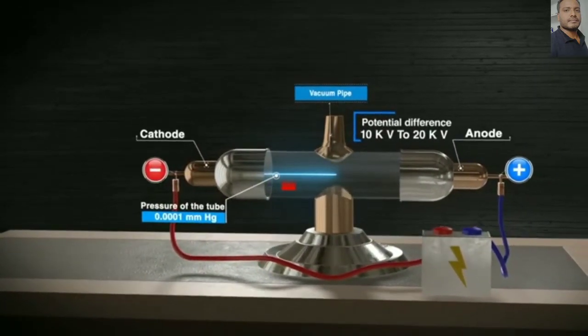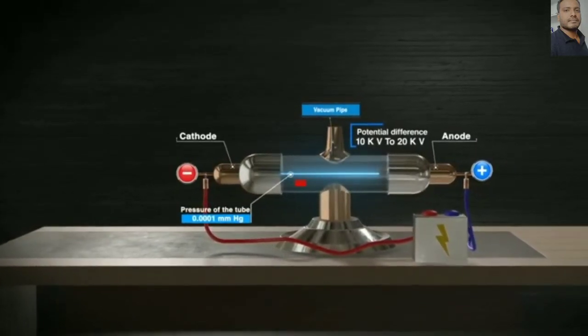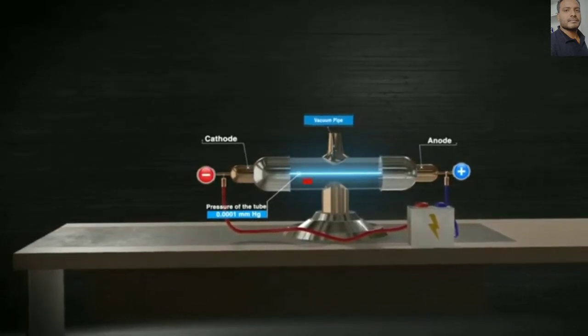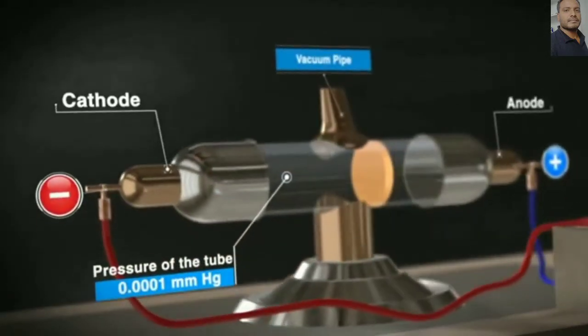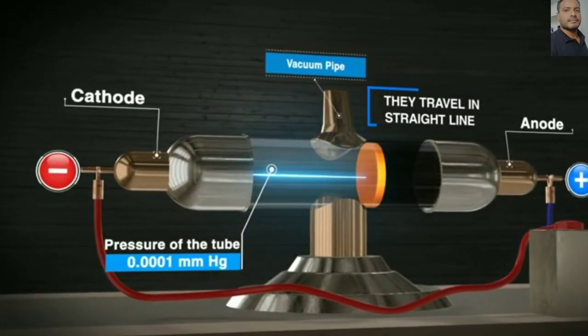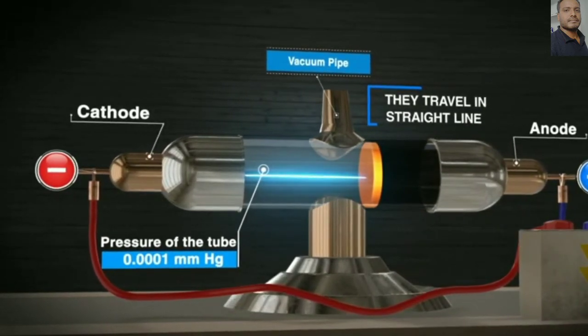Cathode rays are streams of electrons, as we are seeing in the discharge tube. The rays are emitted from the cathode of the discharge tube. They travel in a straight line. It is an important property of cathode rays.